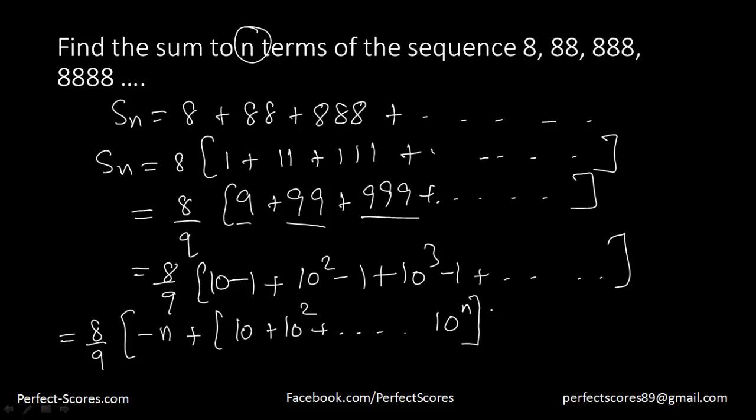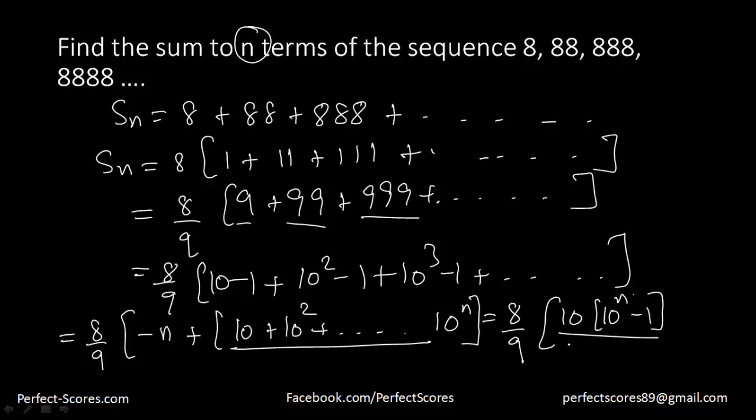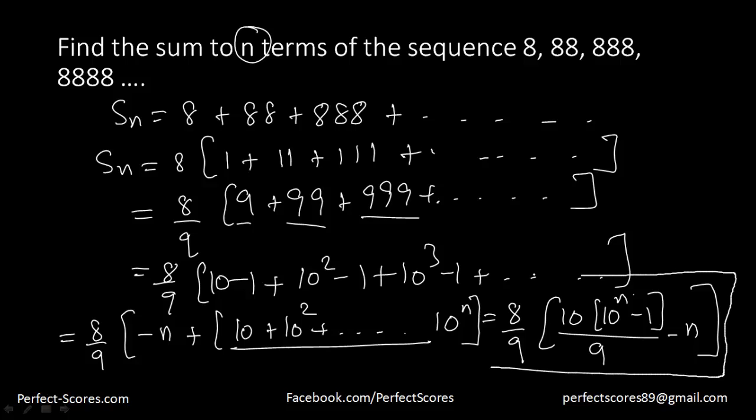So that is going to be 8 by 9 into the sum of this, which is a into r to the power n minus 1 divided by r minus 1, which is 9, minus n. So that over here is going to be my answer.